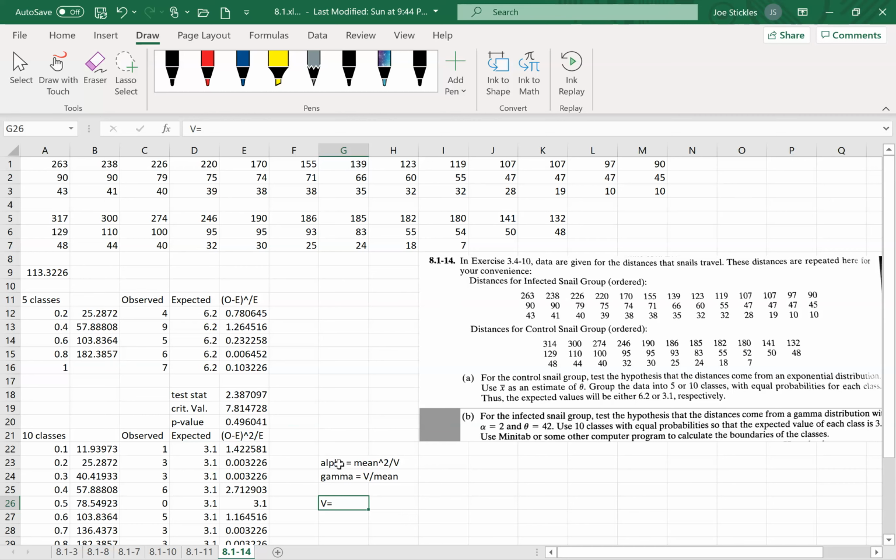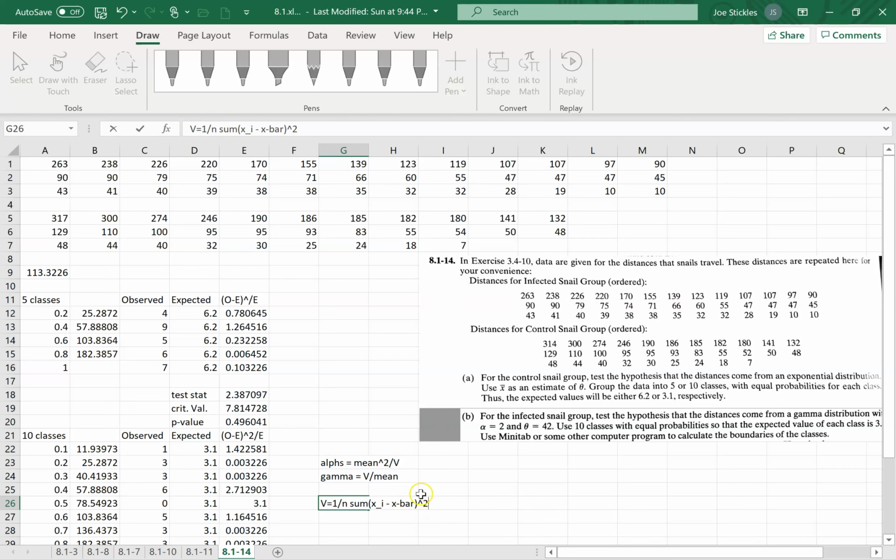So the V is actually 1 over n times the sum of the x of i's minus your x bar squared. I know this looks awful in Excel, but I didn't want to switch windows on you. Okay, so this, remember, you're doing at each data point minus the mean, so that's what the x bar is, and then squared.